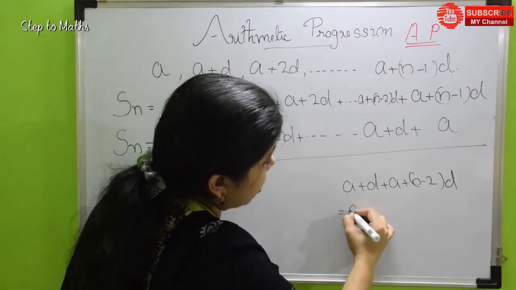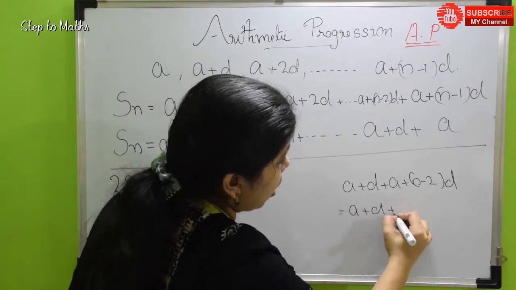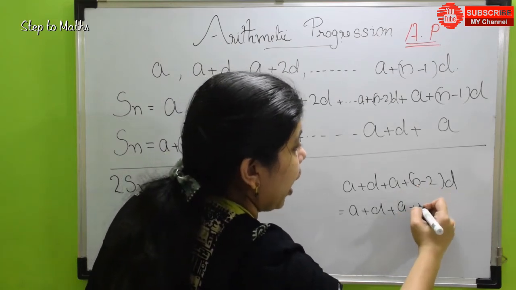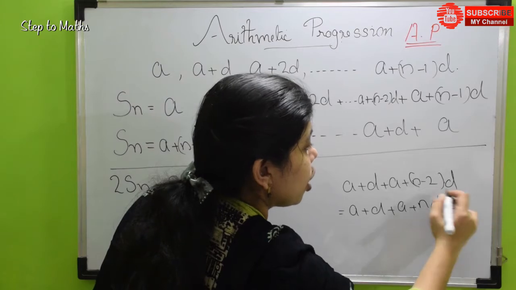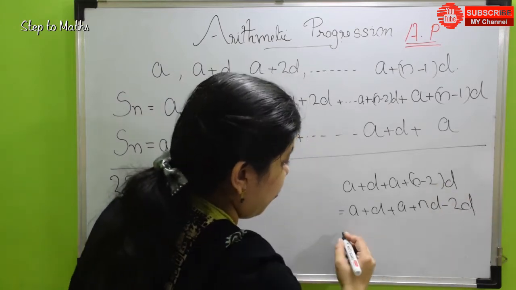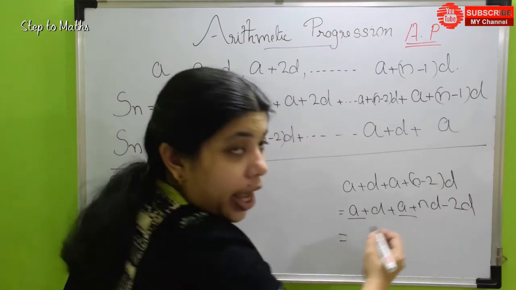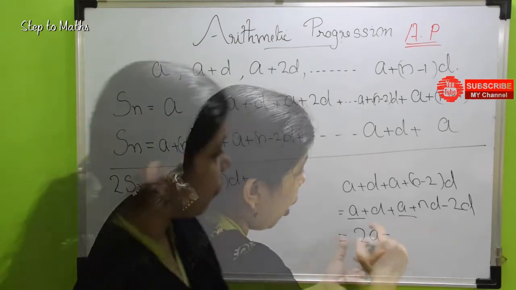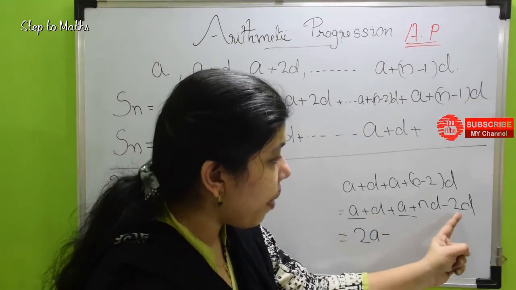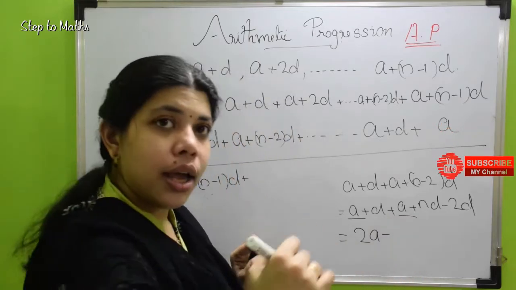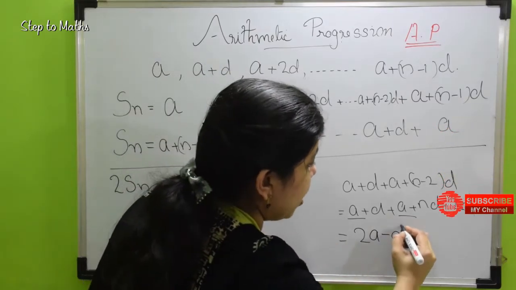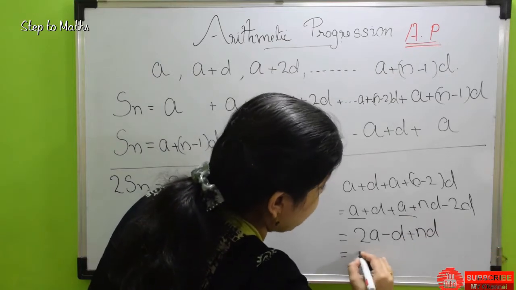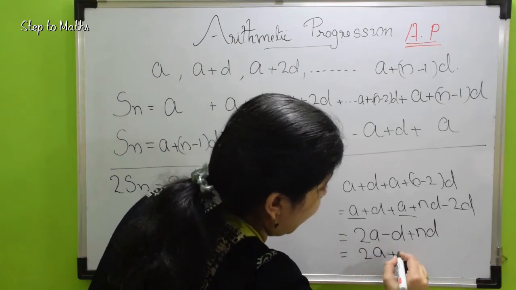Adding these, a plus a is 2a, plus d plus n minus 2 into d.